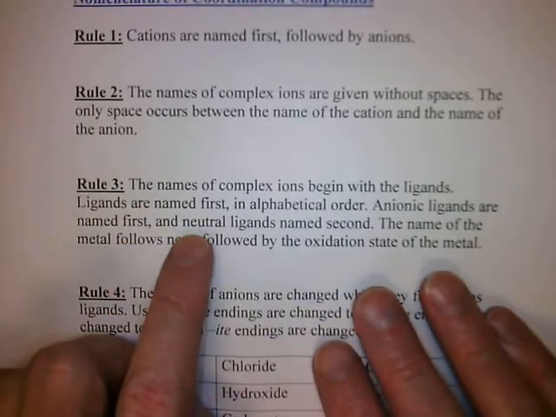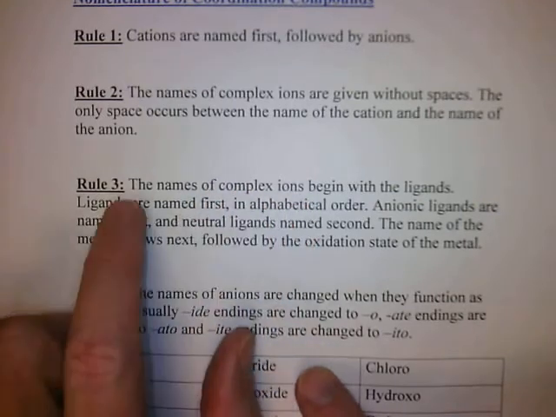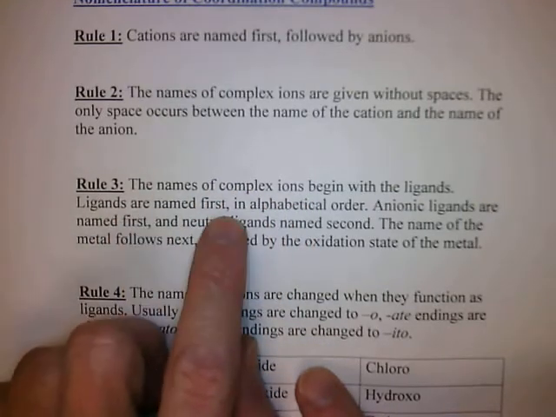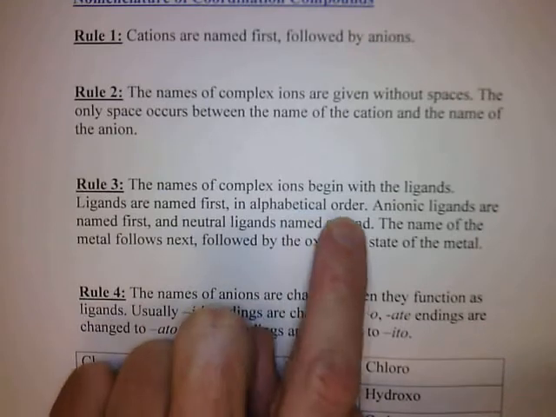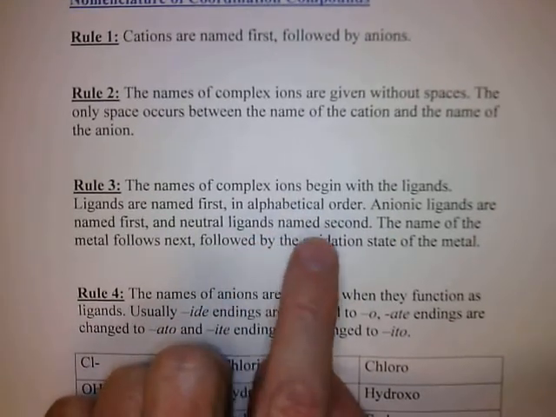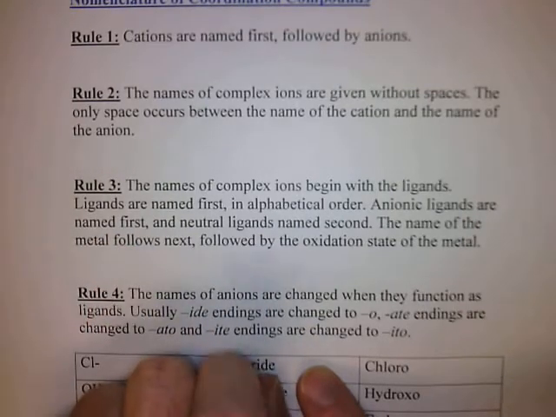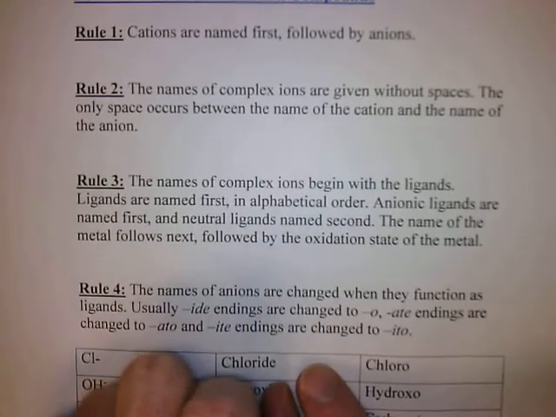So how do we name complex ions? Names of the complex ions begin with the ligands. You name the ligands first in alphabetical order, and you name anionic ligands first and neutral ligands second. Then the name of the metal, and then the oxidation state of the metal, right?